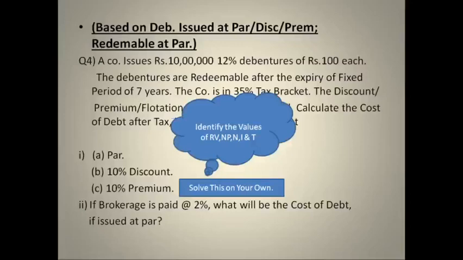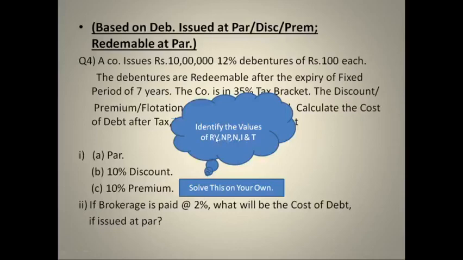From the question we already know N is 7 years, the interest rate is 12% and the tax rate is 35%. So the only challenge that remains is finding the redeemable value and the net proceeds.